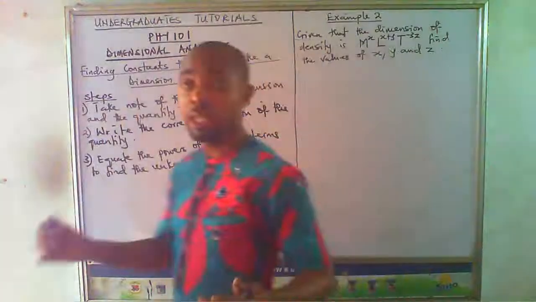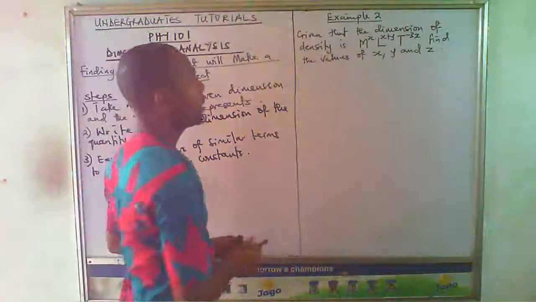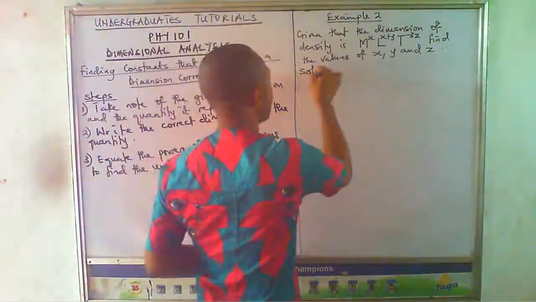Given that the dimension of density is that, find the values of x, y, and z.